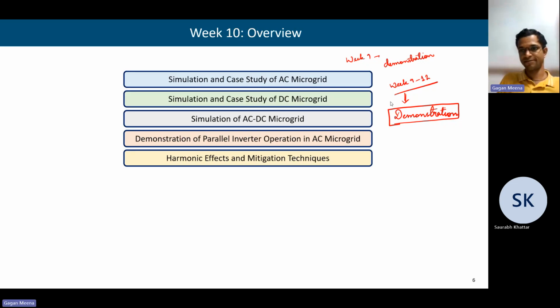Because the concepts that we have studied from week 1 to week 8 were the theoretical aspect. And before applying them directly into the field, say we want to create an AC microgrid, we cannot directly go and connect our AC microgrid to the existing grid, or a DC microgrid or hybrid AC DC microgrid.